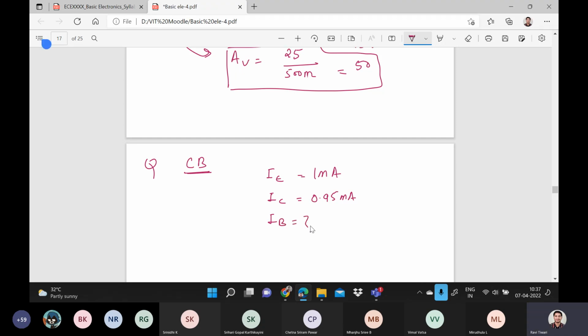First, everyone try on your own and tell me the answer. 0.05, yes, because IE equals IB plus IC, and if you substitute all these values, you will get IB is equals to 0.05 milliamps.